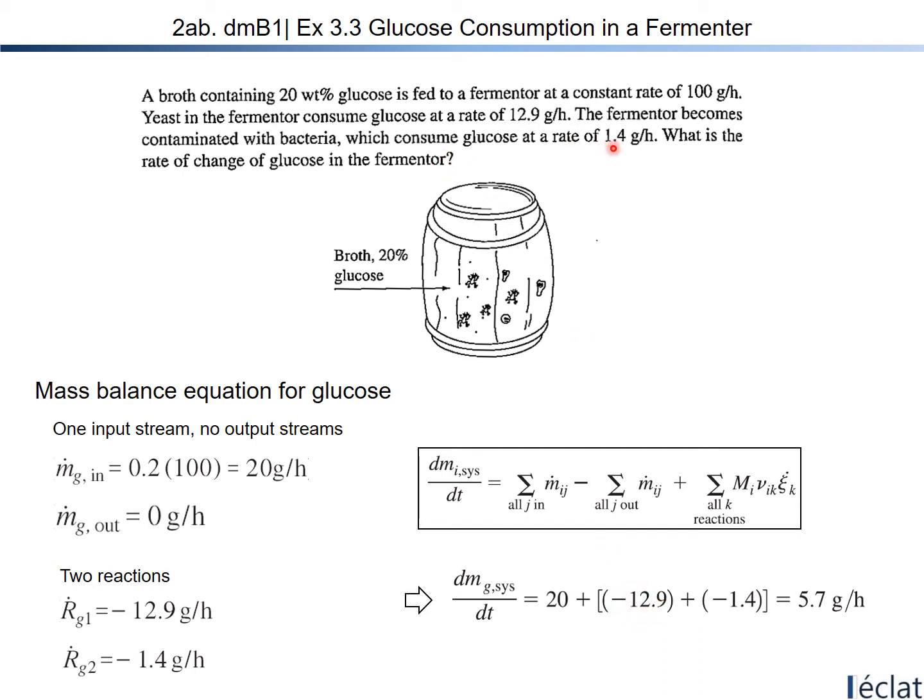And the other thing is 1.4 grams per hour glucose consumption. So minus 1.4. Then you could calculate the mass change of glucose inside of the system in terms of rate. So the resultant value is 5.7 grams per hour.